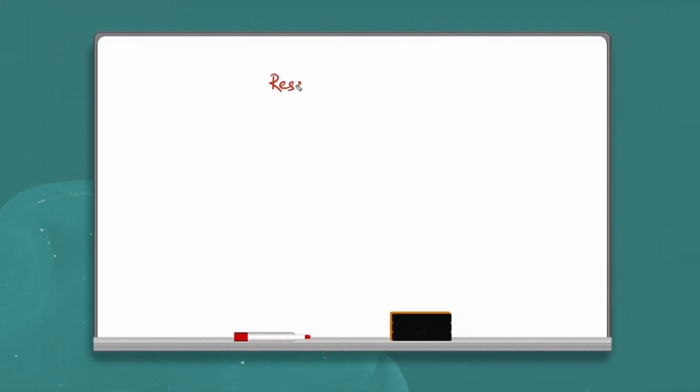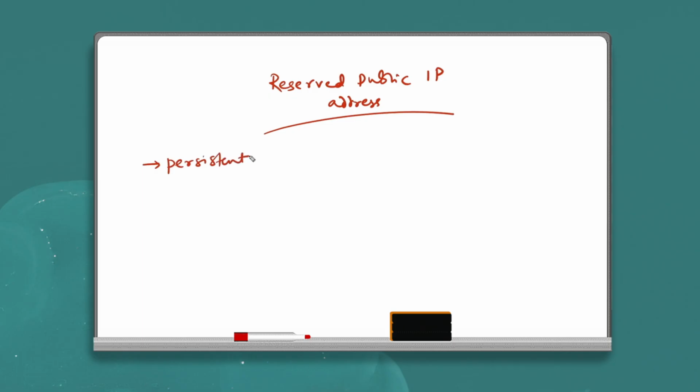As the name suggests, and we have already discussed, this is going to be a persistent IP address. That means even if you terminate the instance, this IP address is going to exist beyond the lifetime of the instance. Now we'll talk about some details.